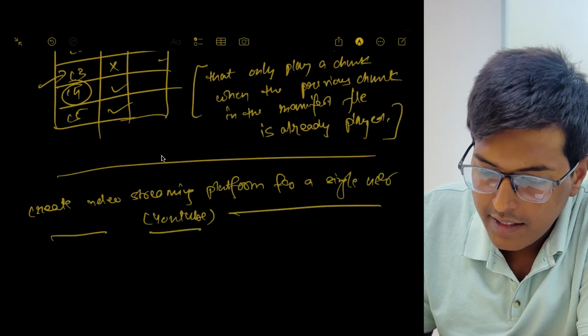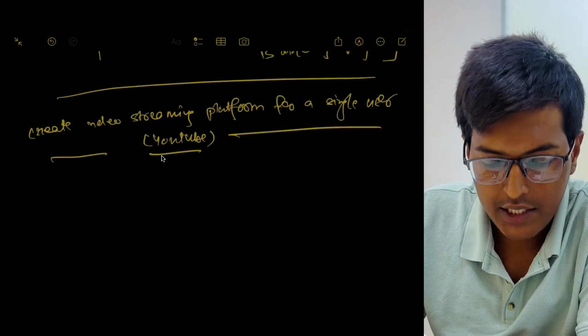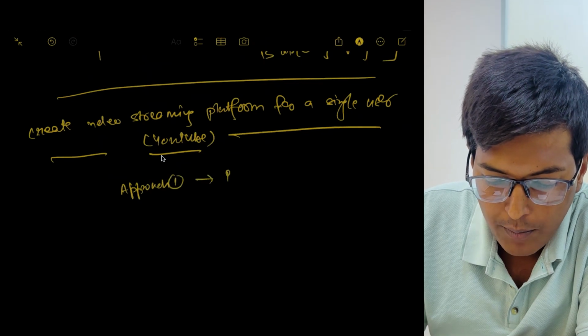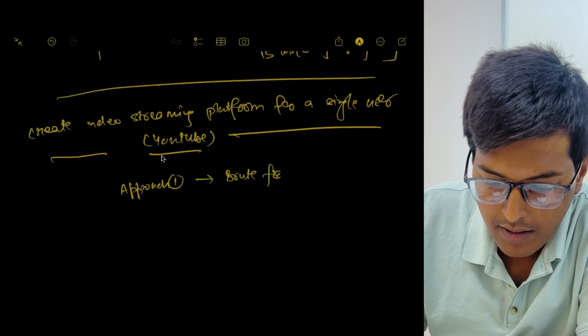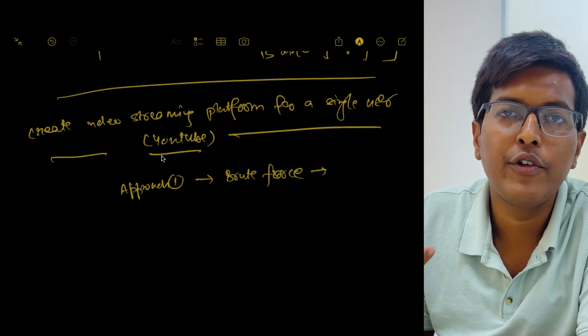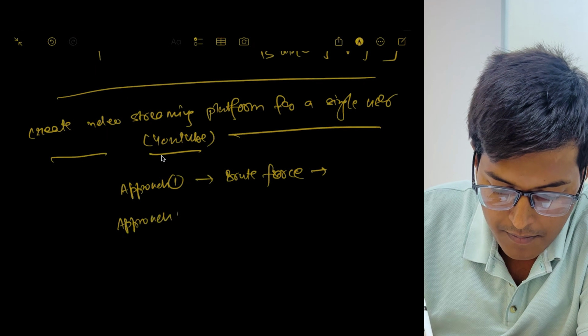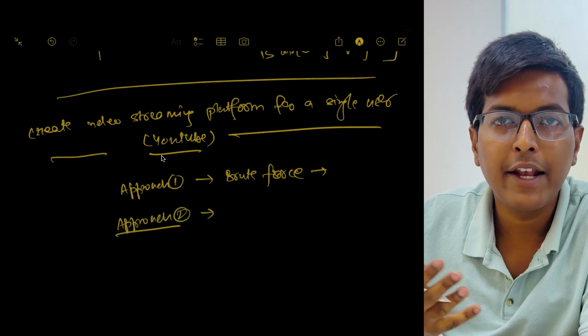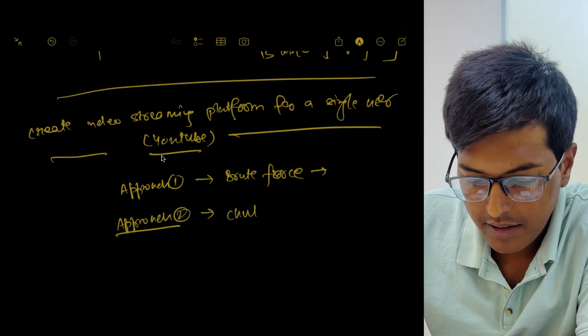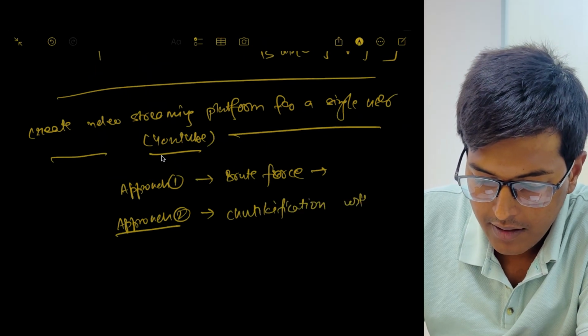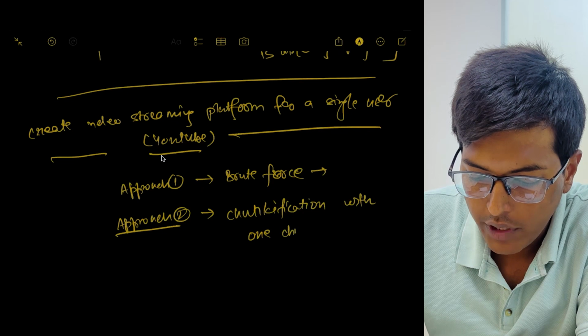What we discussed: the very first approach, approach 1, the brute force approach, in which we downloaded the whole video and then played it. In approach 2, we made corrections and used a chunkification approach with one chunk downloaded at a time.